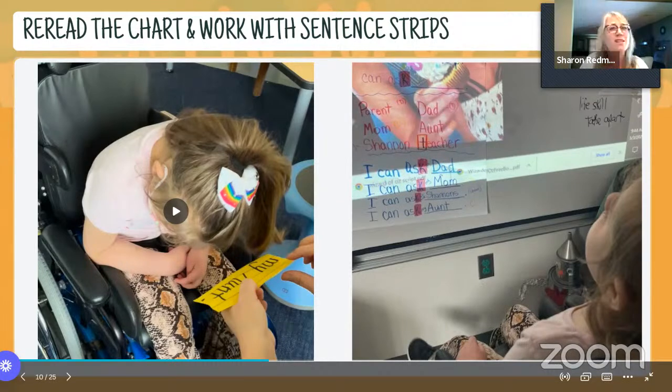And once we know better, we do better. And I'm thankful that I'm always forever trying to learn and make sure that my practice is up to date and the best possible evidence-based practices that we have within the research. So this is what you're going to see, Callie and I working with some sentence strips.